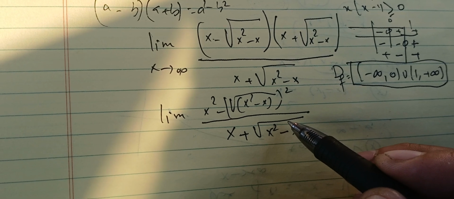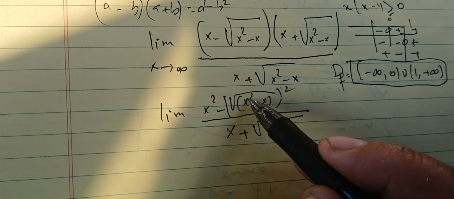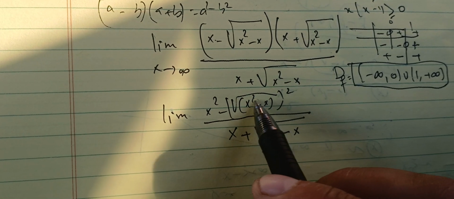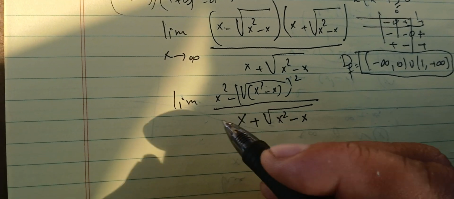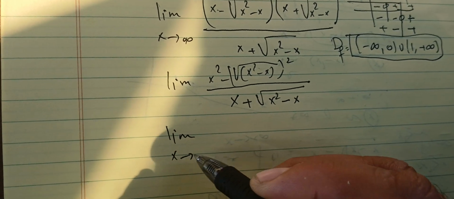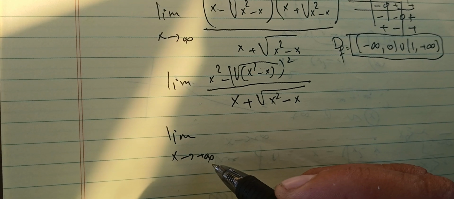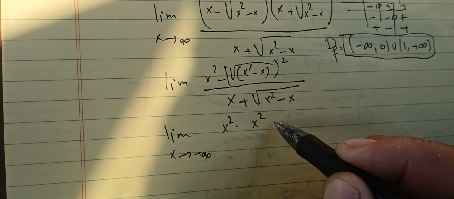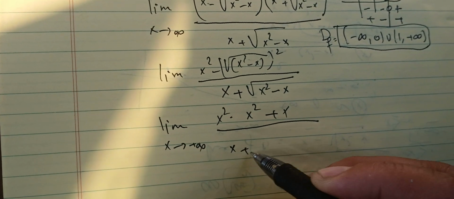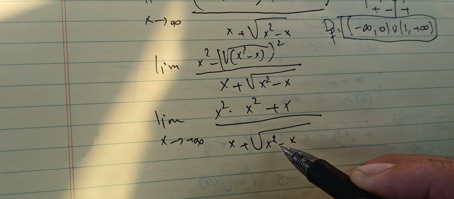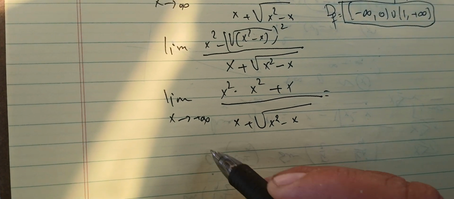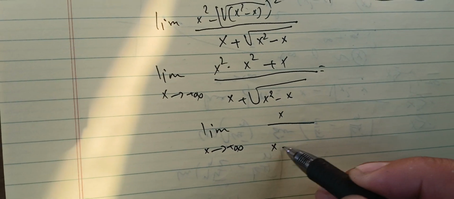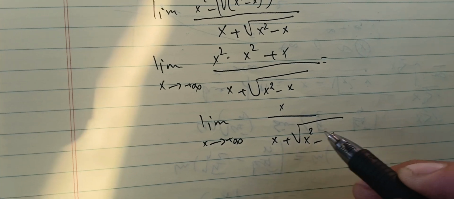And remember one thing here is that this value inside is always positive. You can prove it. So therefore we have x squared minus x squared plus x over x plus the square root of x squared minus x. And this gives me the limit as x goes to plus infinity of x over x plus the square root of x squared minus x.